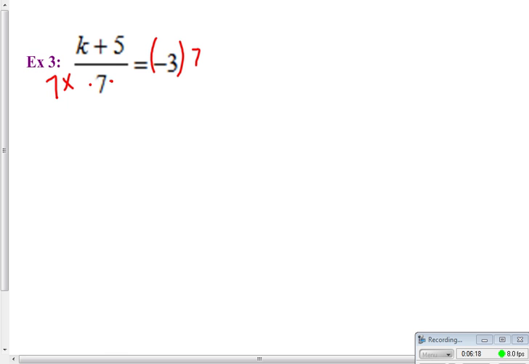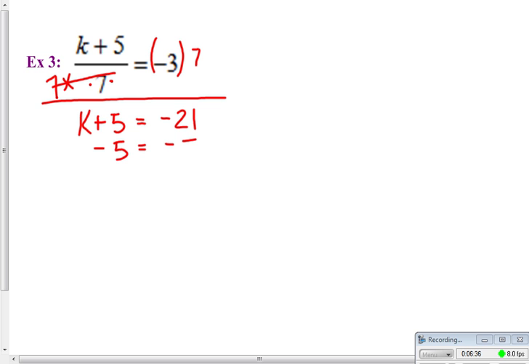And the entire other side is only negative 3. So these would cancel out, and we'd have k plus 5 equals negative 3 times 7 is negative 21. Get k alone, we would subtract 5, and we find out k equals negative 26.